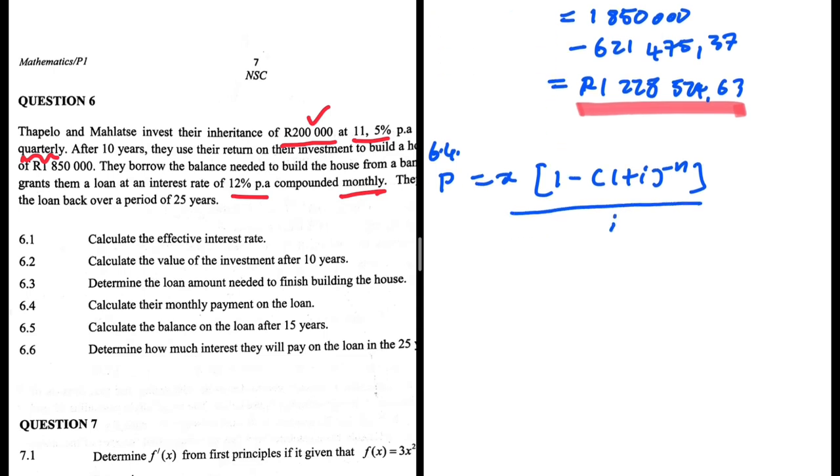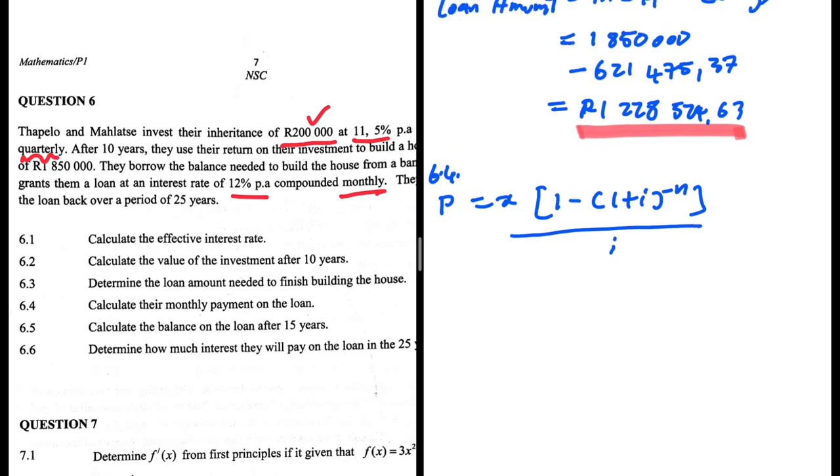So we're going to have P, the loan amount, 1,228,524.63 being equal to X. X is the monthly payment that we are going to make, right? It's what we're interested in.